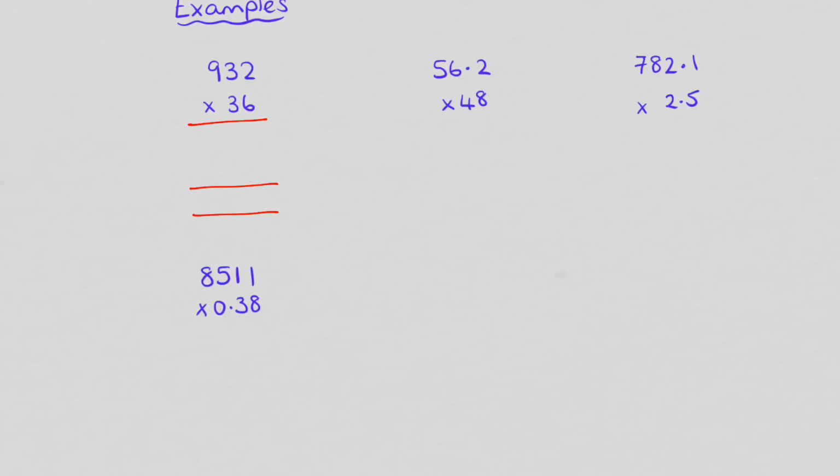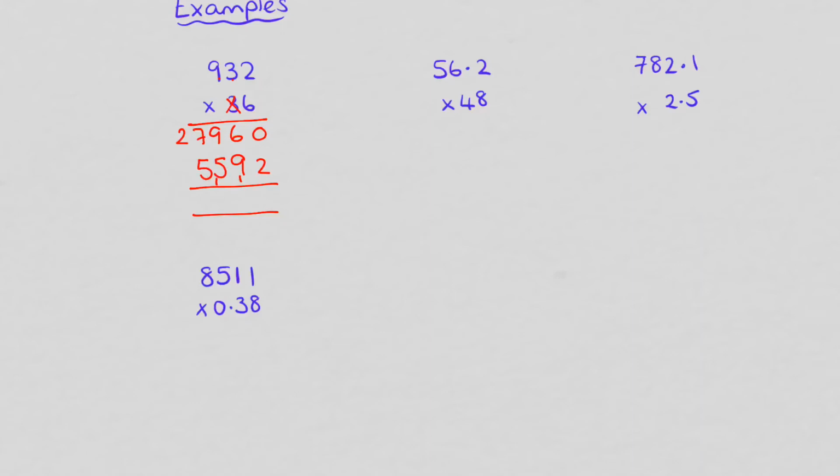So first line is 932 times 30. So we're going to stick the 0 in there and then ignore the 6. Okay, so we're going to do 2 3s are 6, 3 3s are 9, 9 3s are 27. Then we're going to ignore the 3 now. 2 6s are 12, 3 6s are 18, add the 1, makes 19, 9 6s 54, add the 1, makes 55.